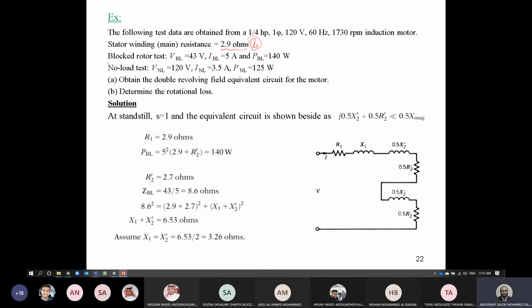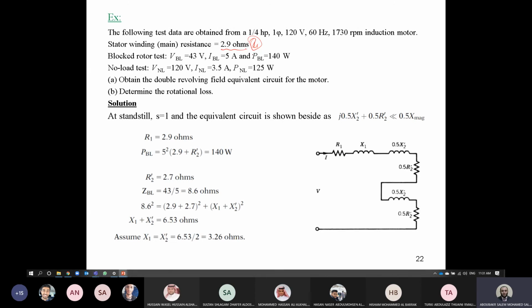We have two tests, شباب. You know, in recent courses, E360, you learn the two tests called the blocked rotor test and no load test. These tests are used mainly to obtain the parameter of the three-phase induction motor. The same can be also done here for this type of motor.